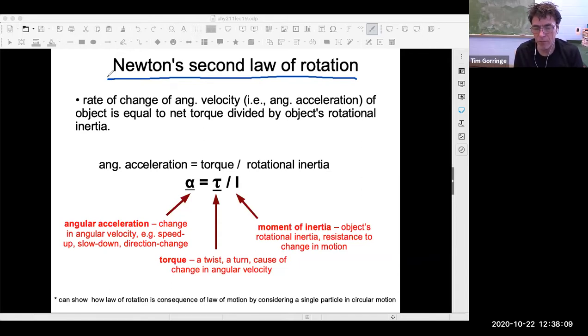And the law, like the second law of motion, contained mass or inertia. This law contains another sort of analogous quantity. It's rotational inertia, or what we call moment of inertia. And so let me just introduce the law here. It's just this simple equation.